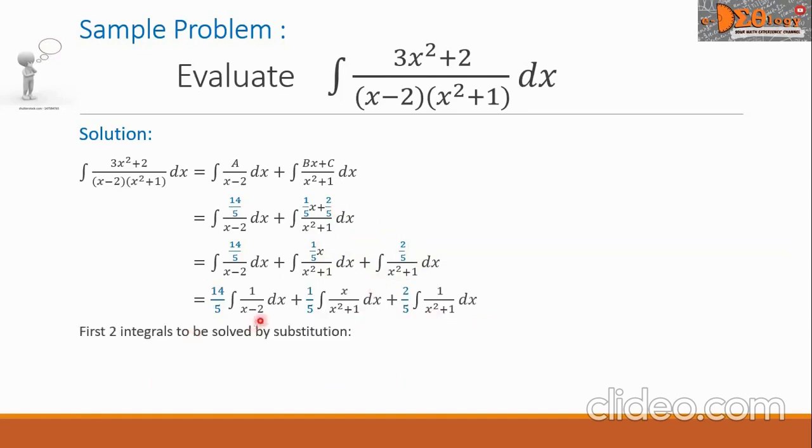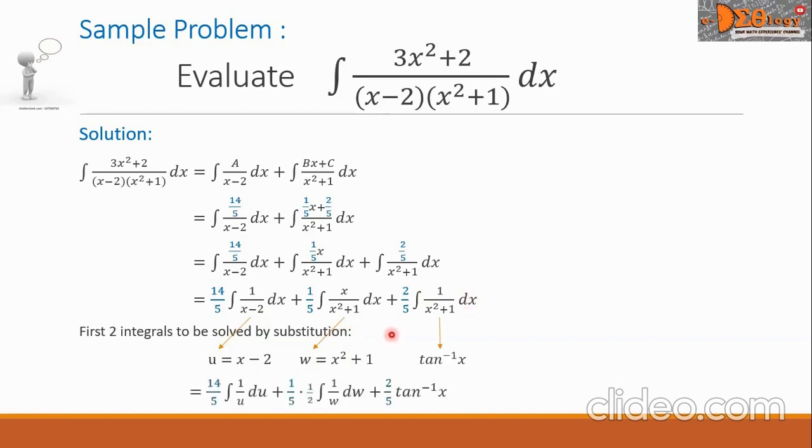Note that the first two integrals can be solved by substitution. It means we can let u be x minus 2, and we let w be x squared plus 1. Note also, the third integral is a special formula that will give us the tangent inverse of x.